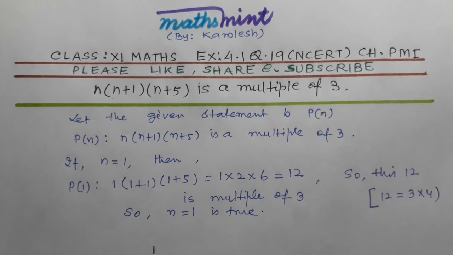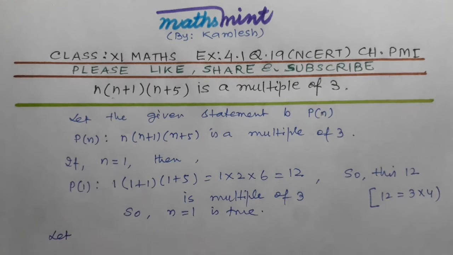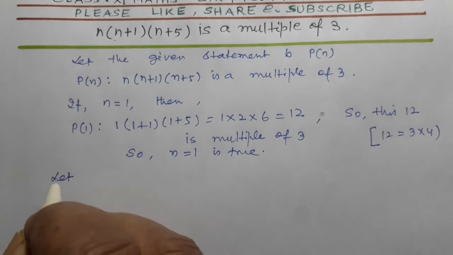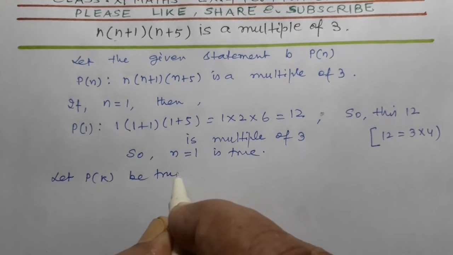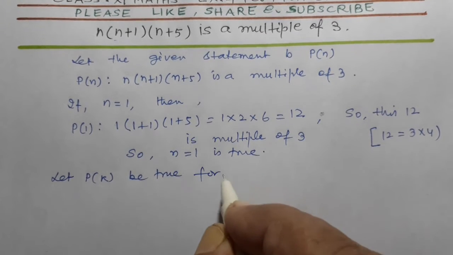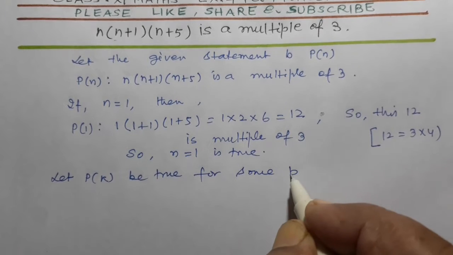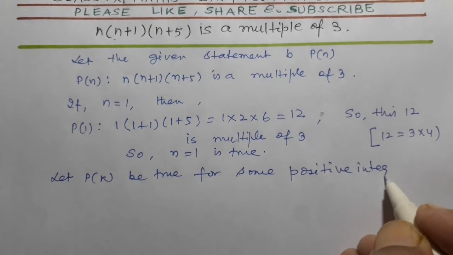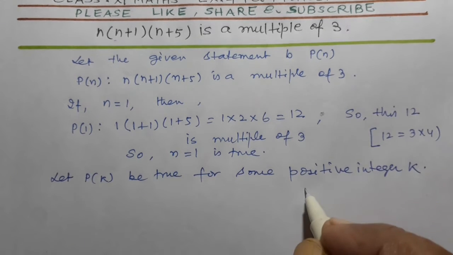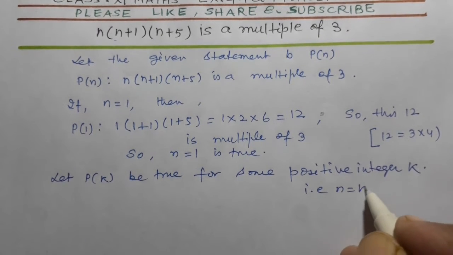Now in the third step we are assuming n is equal to k. So let P of k be true for some positive integer k, that is n is equal to k.